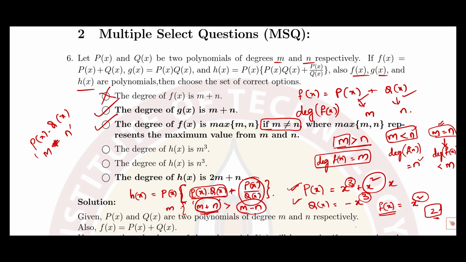So the degrees will be added. Finally we get m plus m plus n, which will be equal to 2m plus n. This will be the degree of h of x. So option 4 is false, option 5 is false. Option 6 says that the degree of h of x is 2m plus n. So option 6 is true. So the answer to our sixth question is 2, 3 and 6.